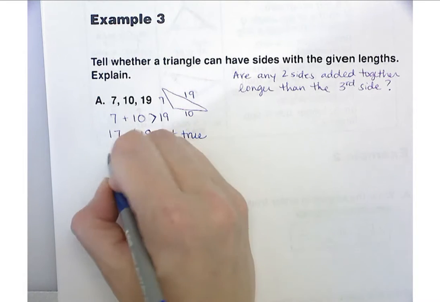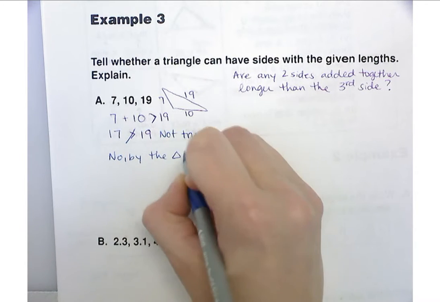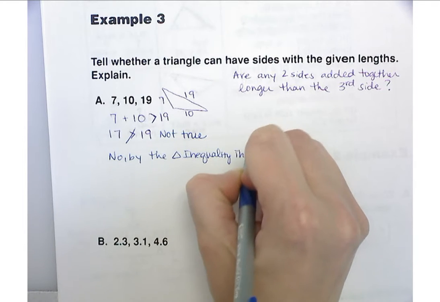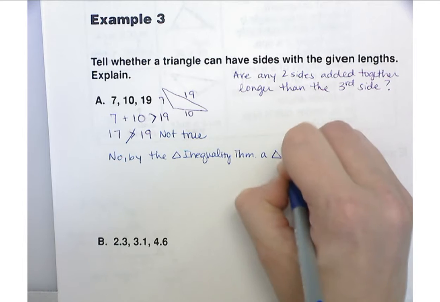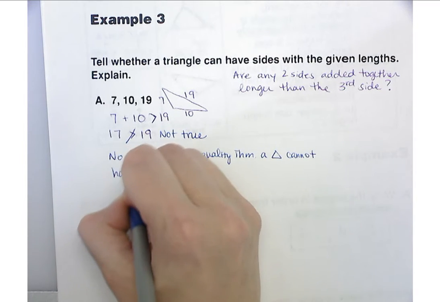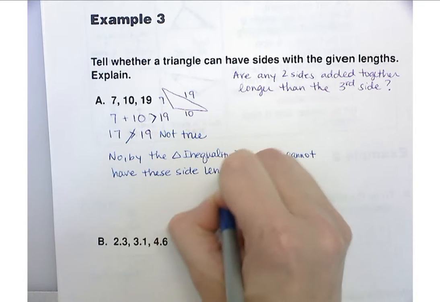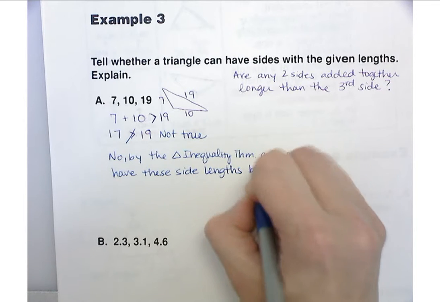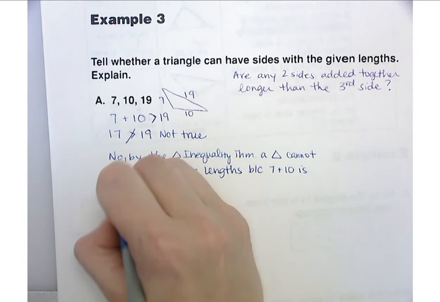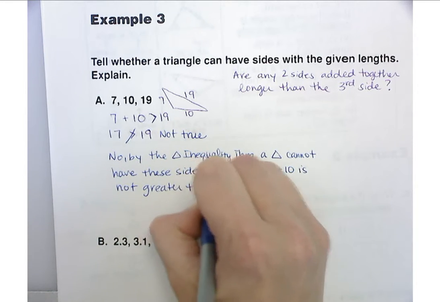So what we would say is no, by the triangle inequality theorem, a triangle cannot have these side lengths because 7 plus 10 is not greater than 19.